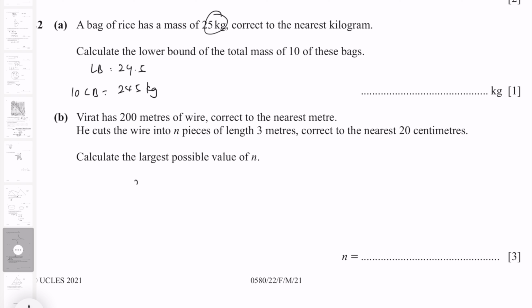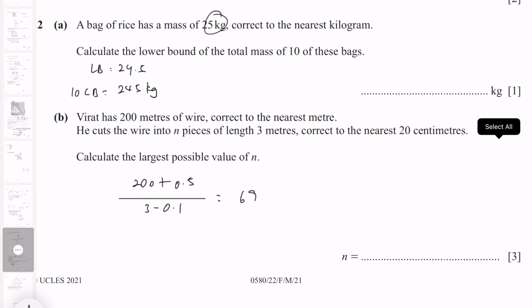I could just take 200 plus 0.5, right, because that's going to give me the upper bound, and take 3 minus 0.1, and that should give me 66 point, oh, no wait, 200 plus 0.5, I forgot to put it in brackets, 3 minus 0.1, so it's 69, yep, that's n. Okay, yeah, that's it.